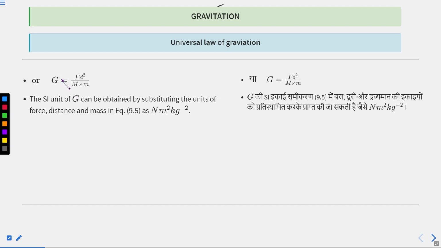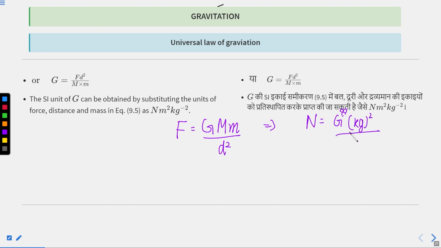What will be the SI unit of this G? We have to first calculate it. What is the SI unit of force? Newton. What is the SI unit of mass? Kg, so it will become kg square.